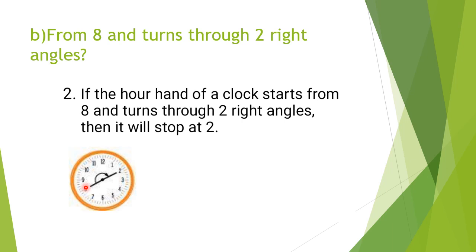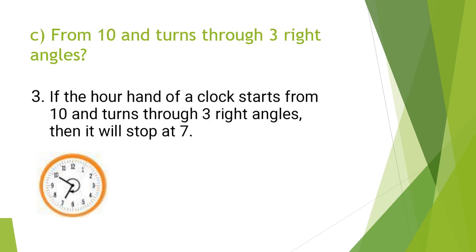If the hour hand of a clock starts from 8 and turns through two right angles, then it will stop at 2. C. From 10 and turns through 3 right angles. If the hour hand of a clock starts from 10 and turns through 3 right angles, it will stop at 7.